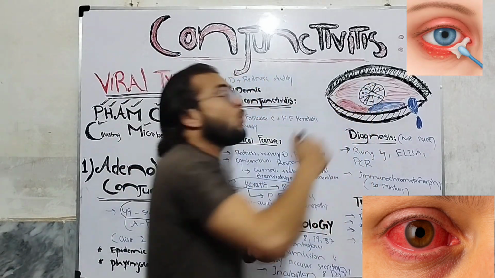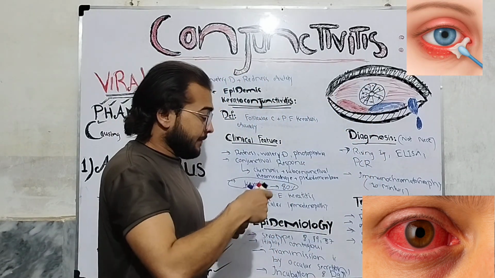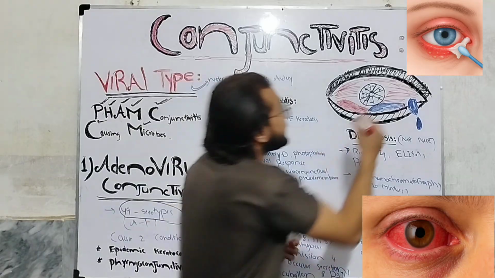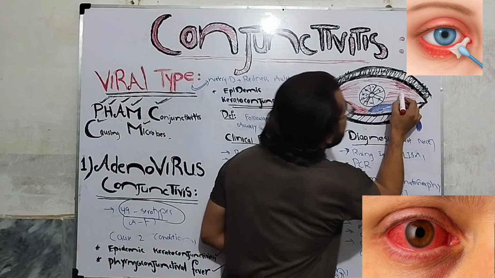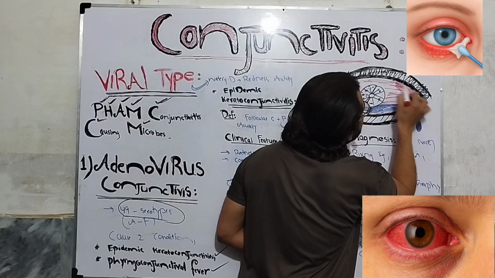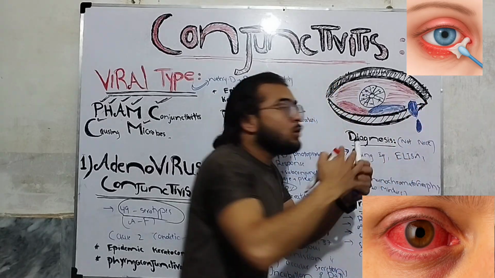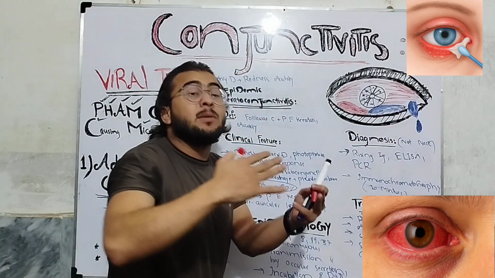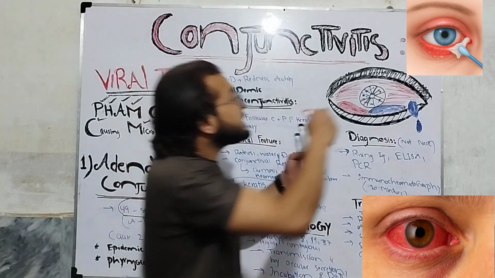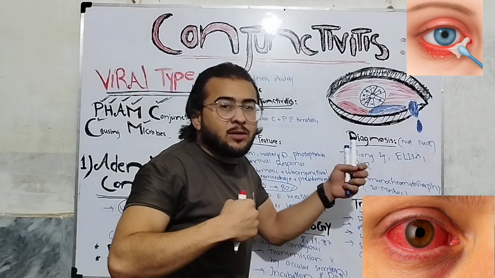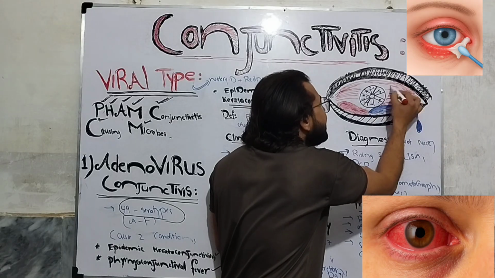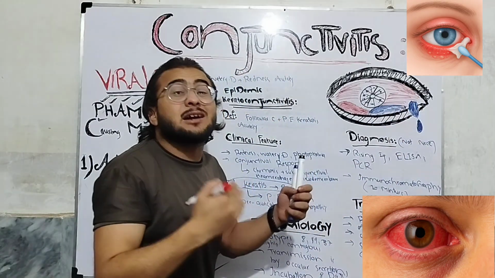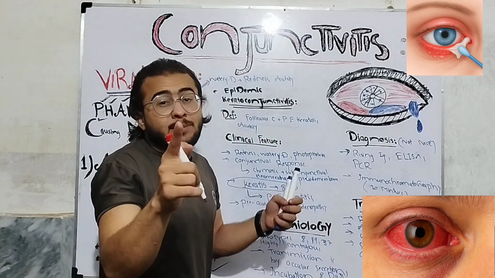When there is viral inflammation, there will be coagulative exudate. The coagulative exudate will accumulate and form a membrane. This membrane can easily be peeled off because it is formed by coagulative exudate. That's why it is called a pseudomembrane.